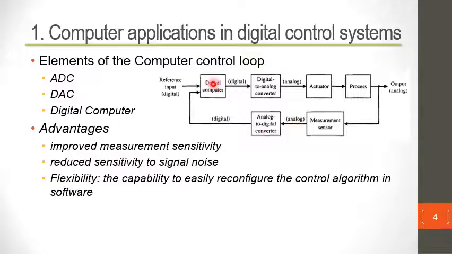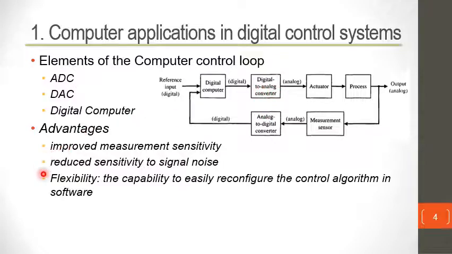So in this control loop, you have analog processing modules, which are the actuator, the process, and the sensor, and you need some form of signal processors, which are the digital to analog converter, DAC, and the analog to digital converter, ADC. And you have a digital computer. All of these have to work together, and for this you need this signal processing.